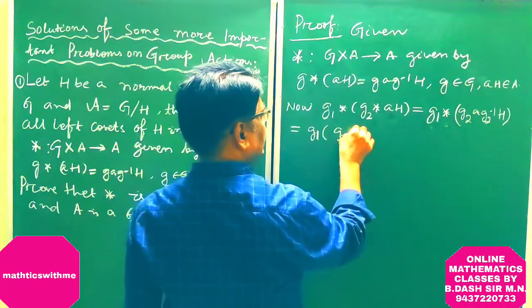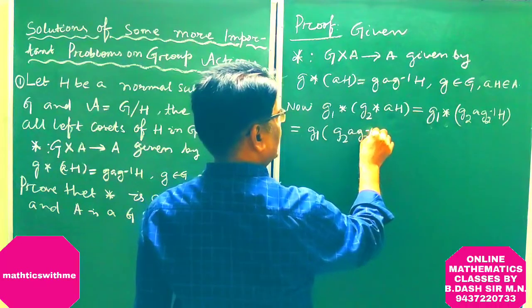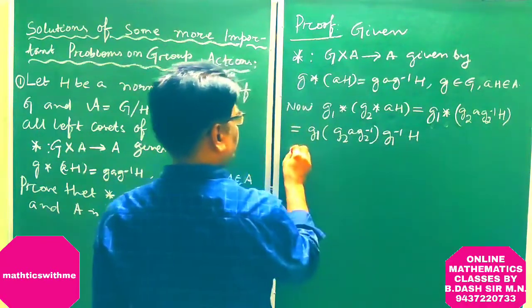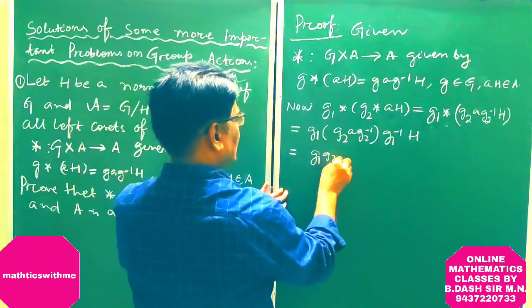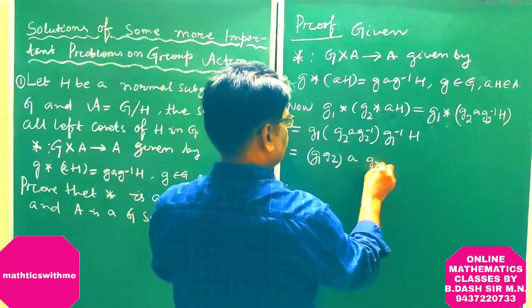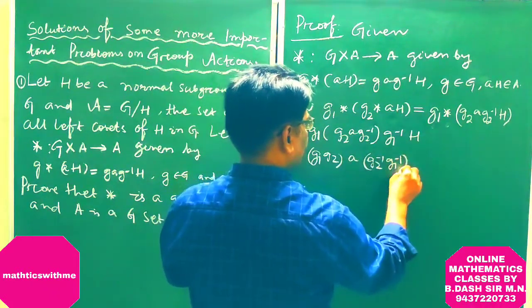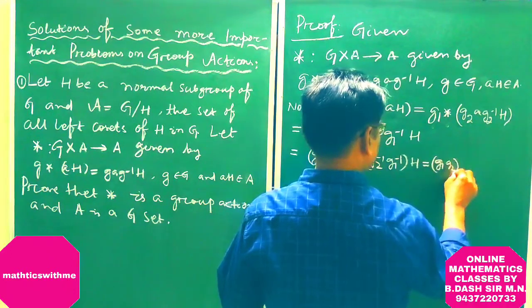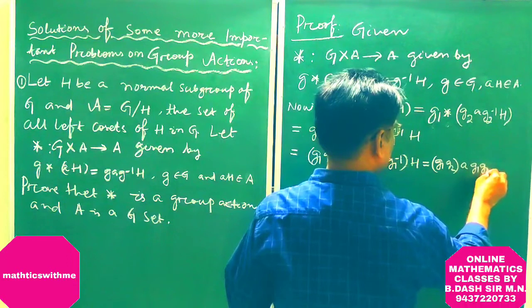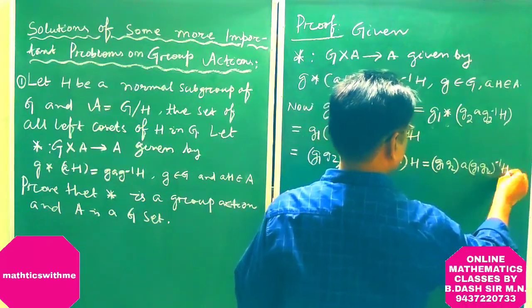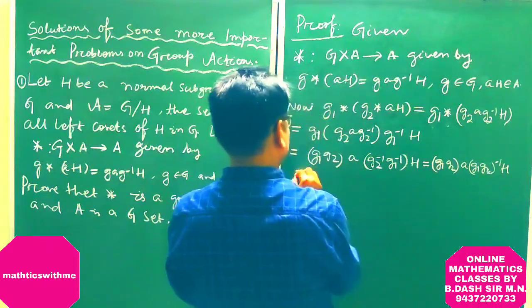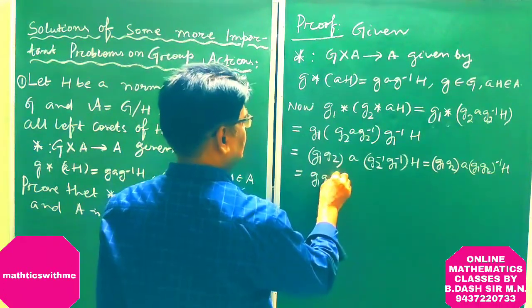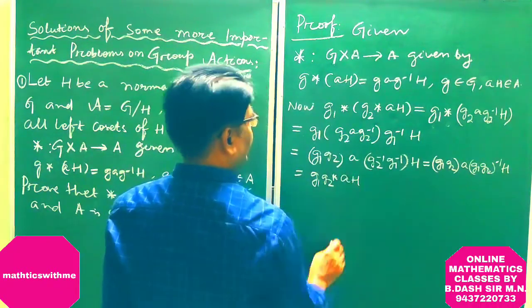Which is equal to again g1 g2 a g2 inverse g1 inverse H, which is equal to g1 g2 a, this is g1 g2 inverse H, which is equal to g1 g2 star aH.